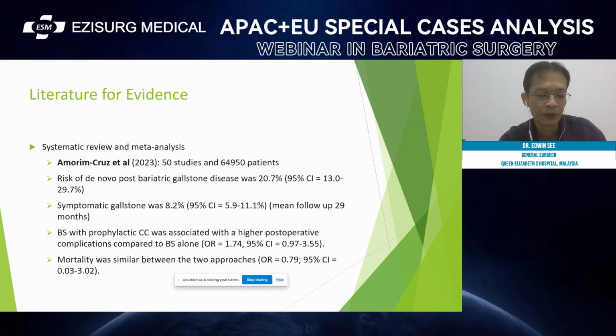Bariatric surgery with prophylactic cholecystectomy was associated with higher post-operative major complications compared to bariatric surgery alone, with an odds ratio of 1.74, while the mortality was similar between the two groups.